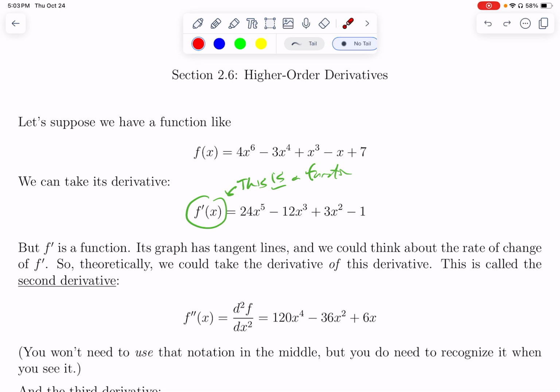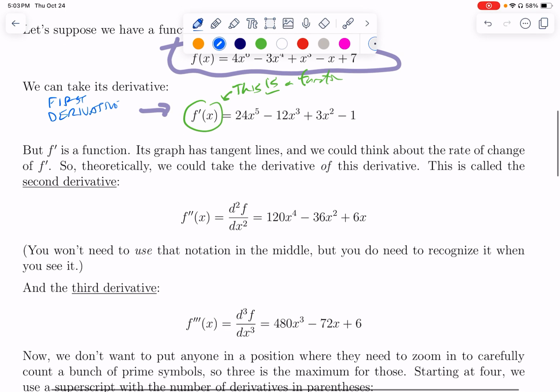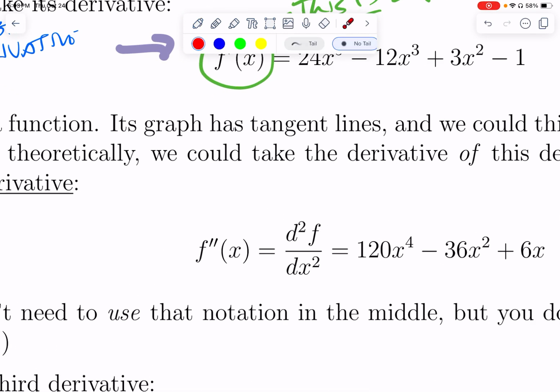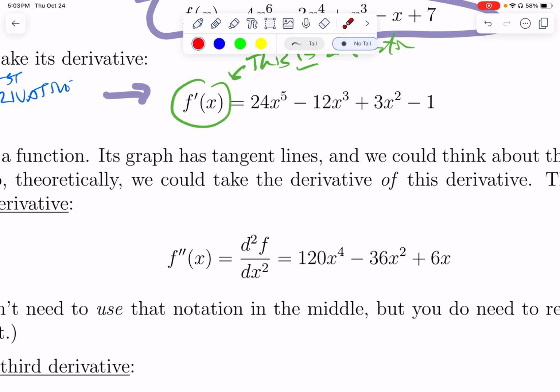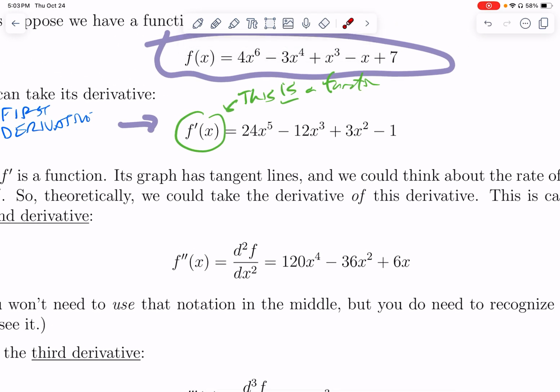So the idea is I started with plain old f, right? Here's my original f. And this is what is now sometimes called the first derivative, f prime. But I can take another derivative, and we write that with 2 primes. So f prime prime just means the derivative of f prime. So if we go through that, we would have 120x to the fourth minus 36x squared plus 6x.